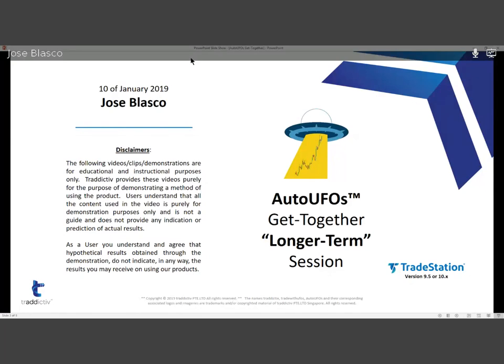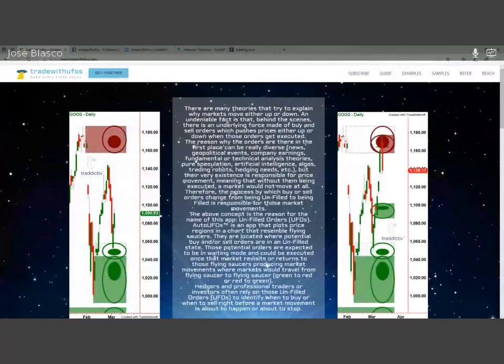Let's continue with a little bit of getting organized, very quick, as we always do. Let's take a look at key websites. Some of you, I'm sure, are aware of them, but for the new users joining us, it's important that you know where your tools and your support are. The first website I would like to point at is tradewithufos.com.